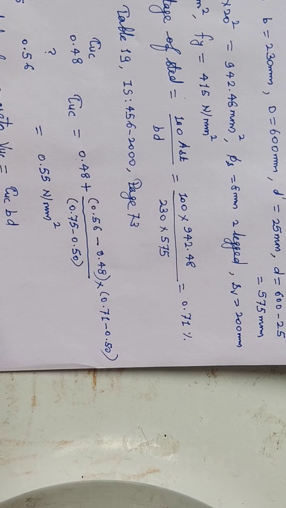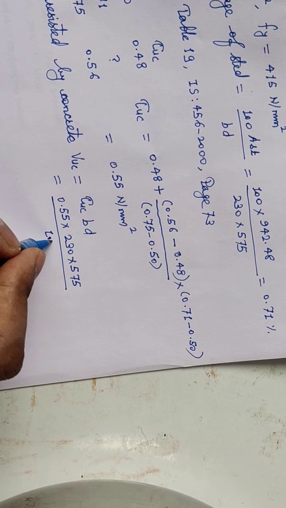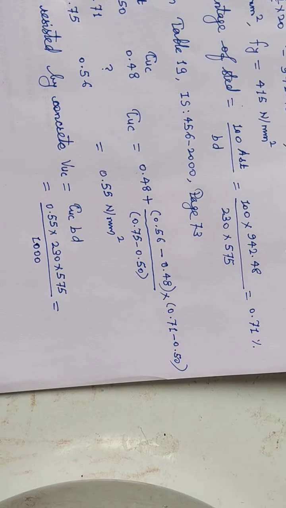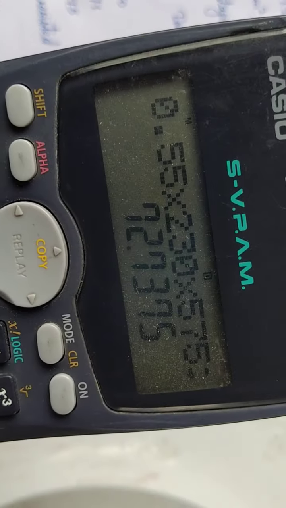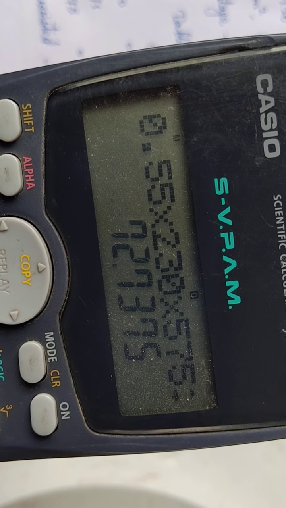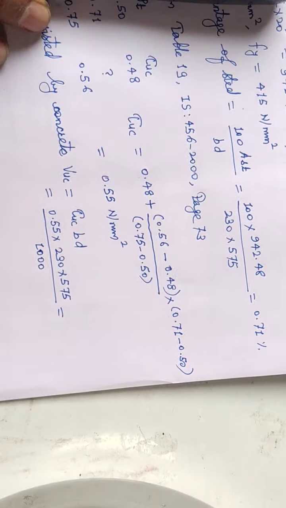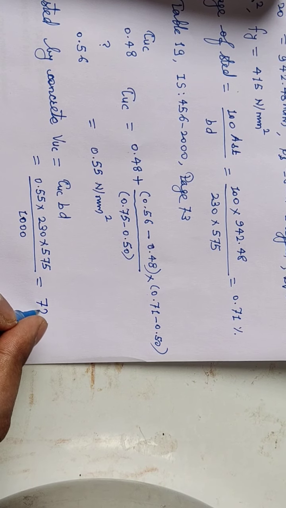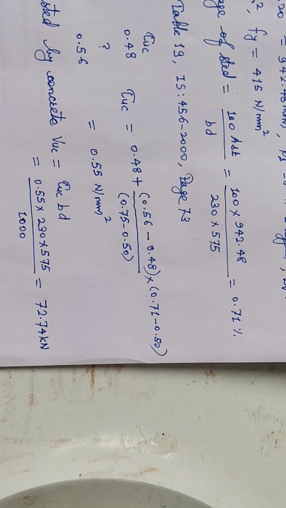This value we will get in Newton, so we will divide this by 1000 to get shear strength in kilonewton. So this is 72.7375. I will round it off to 72.74 kilonewton. So this is shear resisted by concrete part.